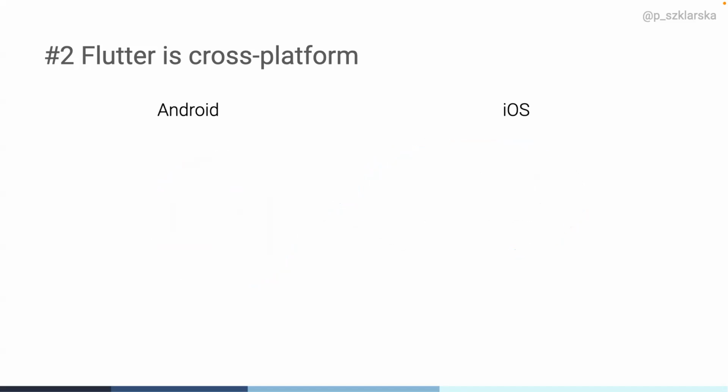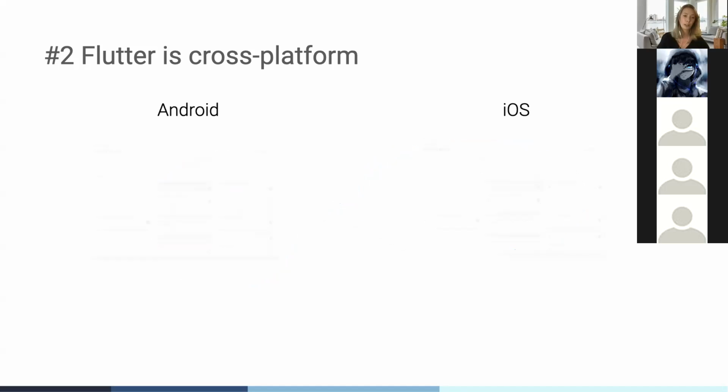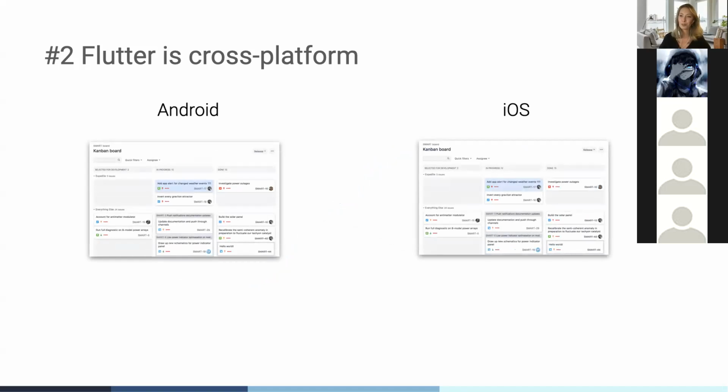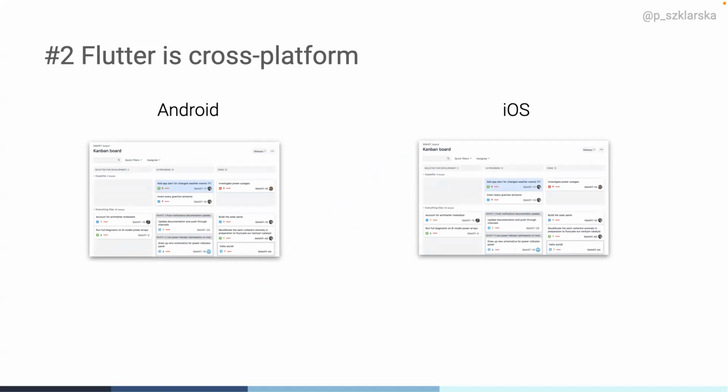Usually when you work in a mobile team, you have two separate teams for Android and for iOS. You may even have separate project management boards. This is the place where you store all the tickets or the work that has to be done. So usually you go there and create two tickets, two cards in two separate projects, because these are two separate teams.